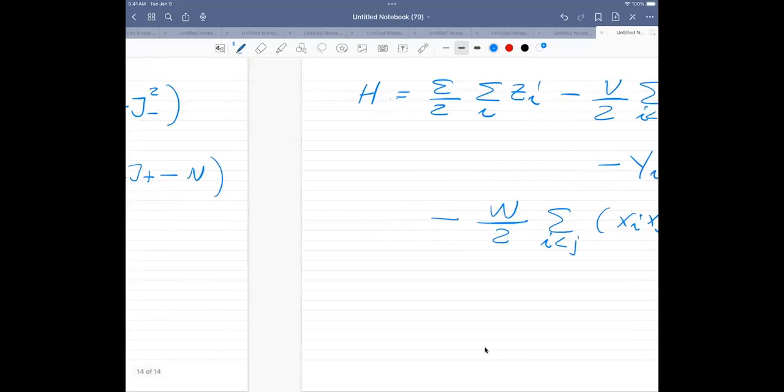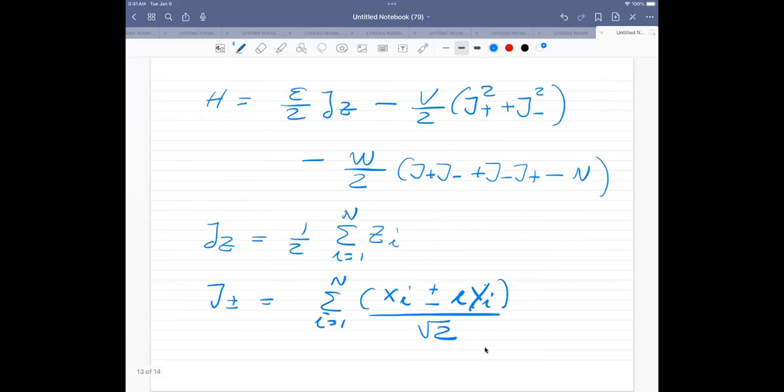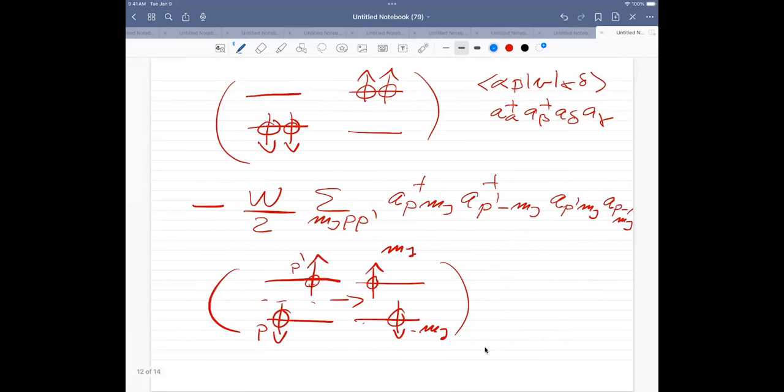If you look at this V term, what it is doing is it takes an initial state here and it promotes 2 particles up here. So that would be a 2-particle excitation.